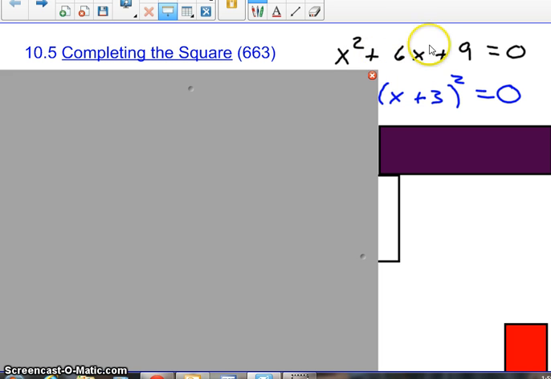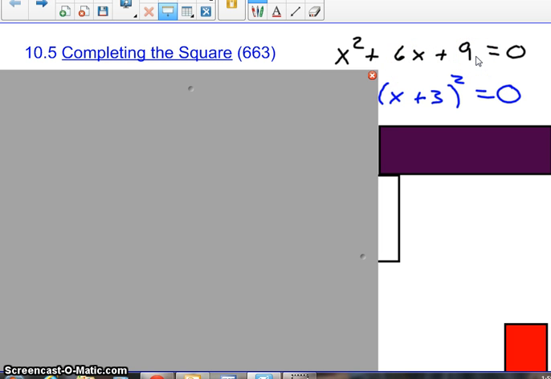No. Jocelyn? Kelly? Take two numbers that add up to 6 that make perfect squares. Okay, so there's two numbers that add up to 6 that make a perfect square. Or we could take how much of 6 and square it? Half of it.